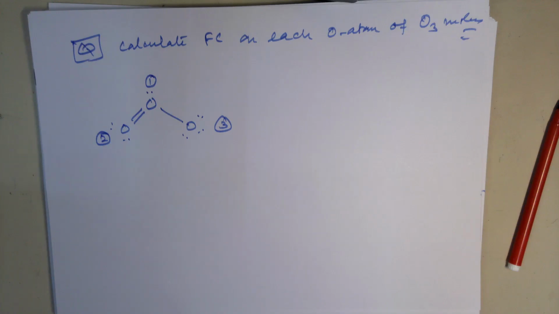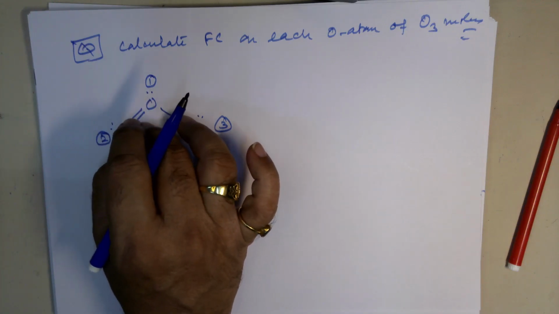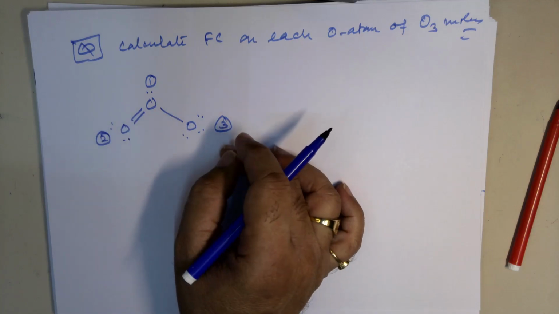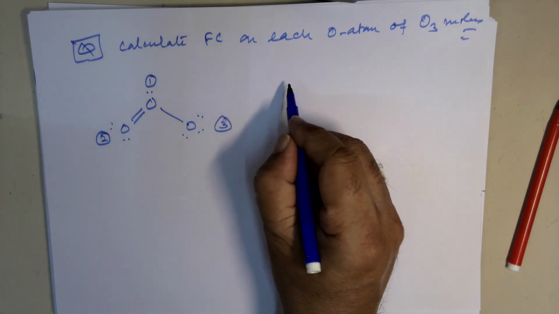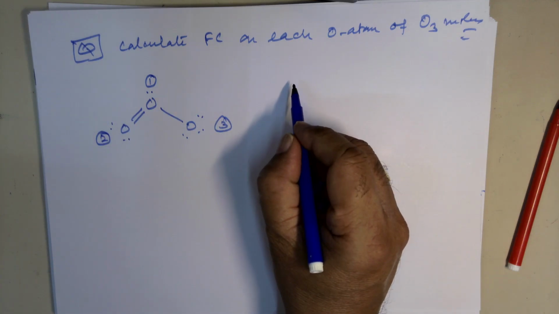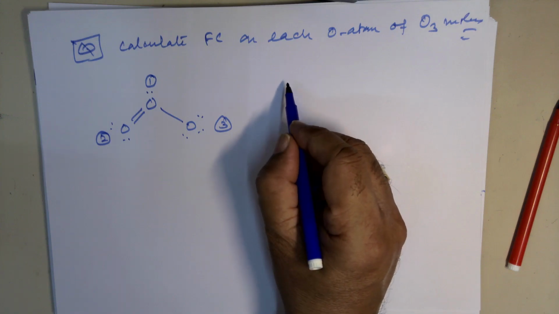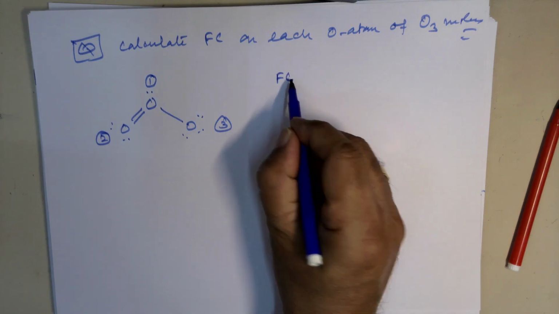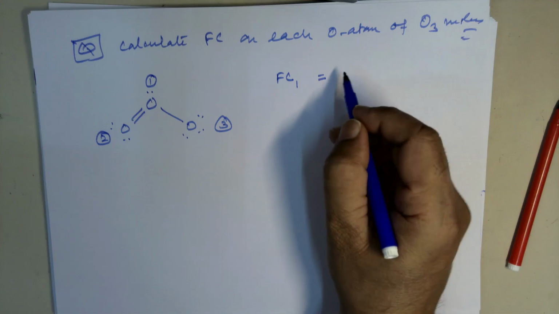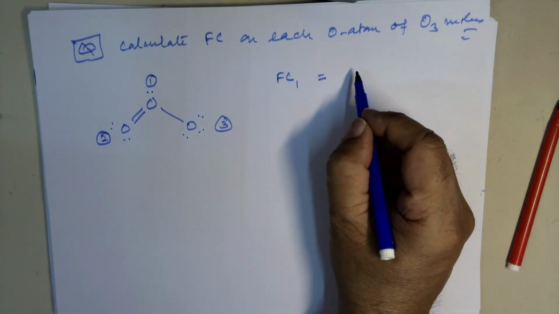Let us work out the central oxygen atom, that is marked as 1. So let us calculate the FC for this. FC of 1. Tell me, what is the formula?